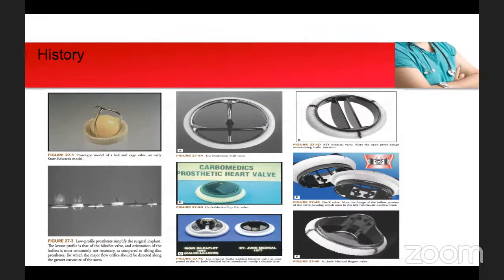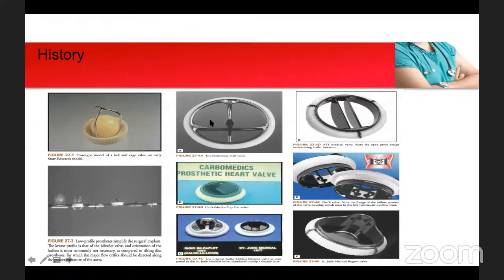But multiple modifications were made to overcome its problems, including the need for intense anticoagulation, hemodynamic compromise, and an abnormal flow pattern, with the large distance between the cage and the aortic wall, plus the disturbance of flow by the ball itself.